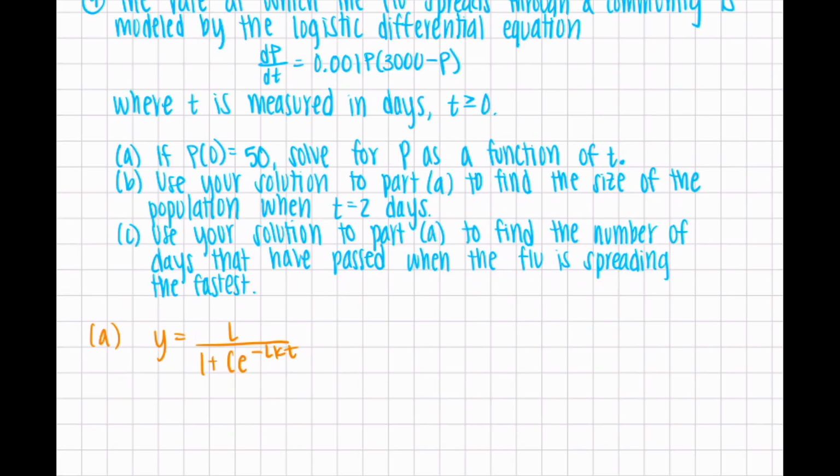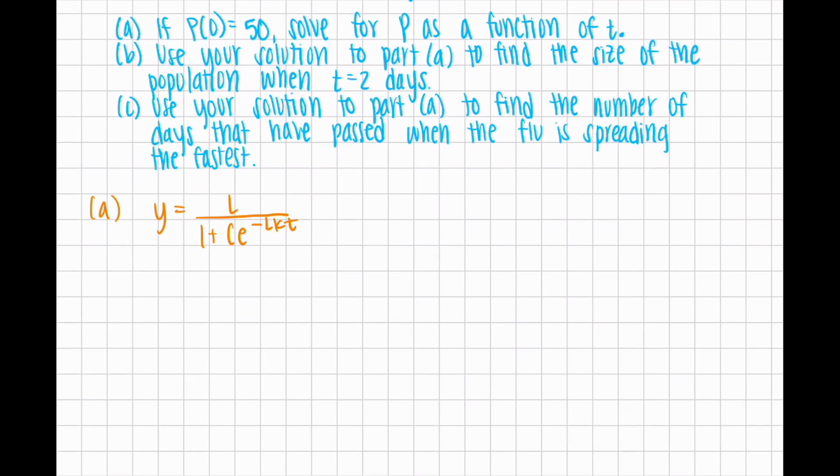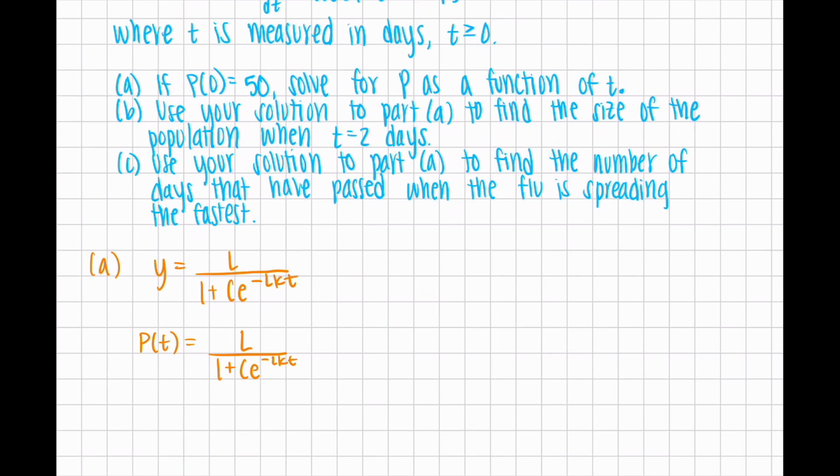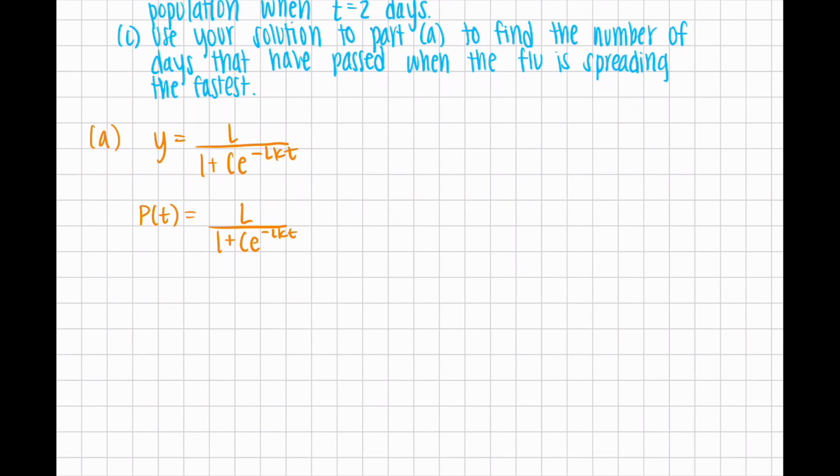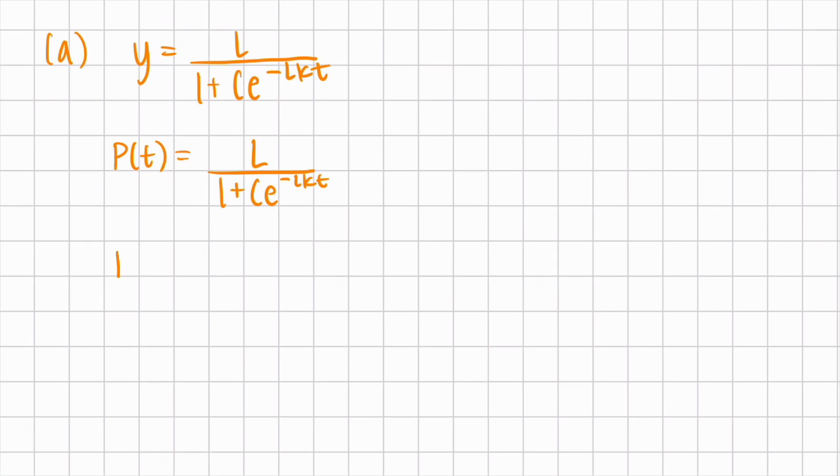Instead of y, we are using P, so P of t equals the same right side of the equation. If this is ky times L minus y, we can see that our L, our carrying capacity, is 3,000, and our k is 0.001. So let's plug those in.